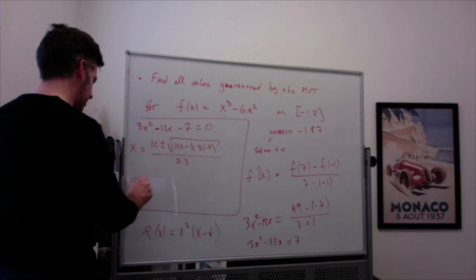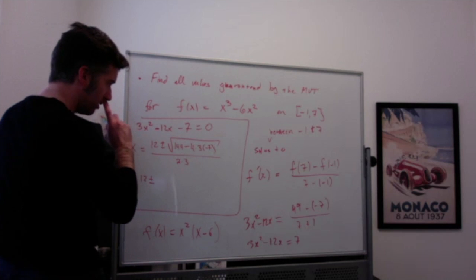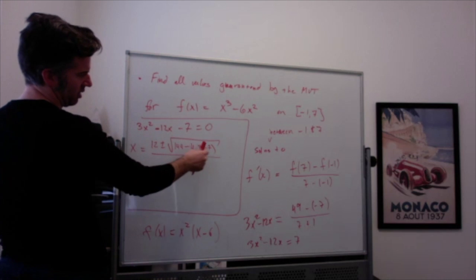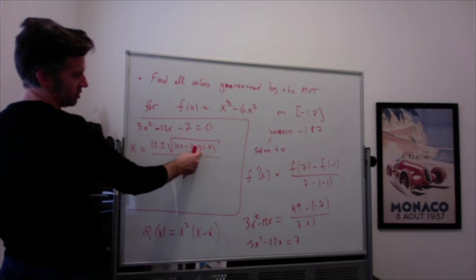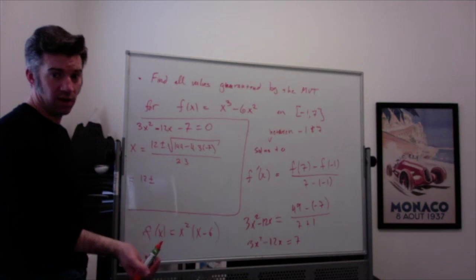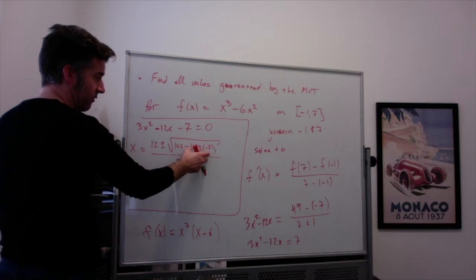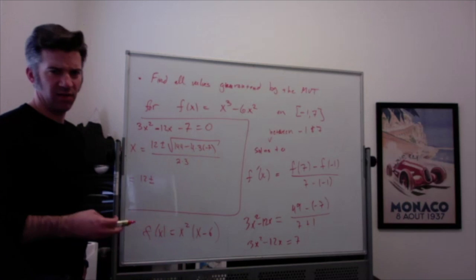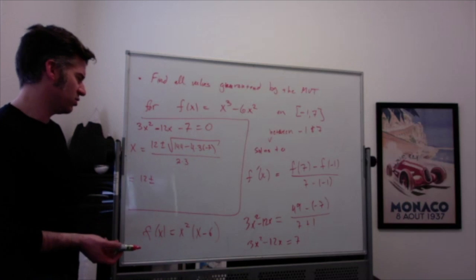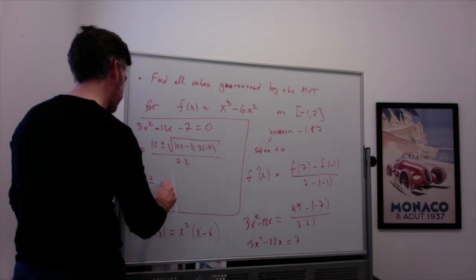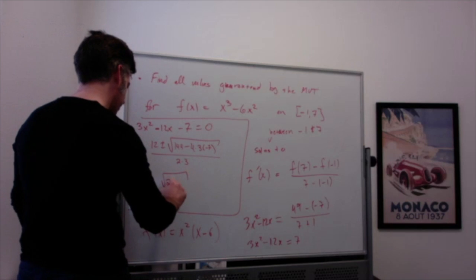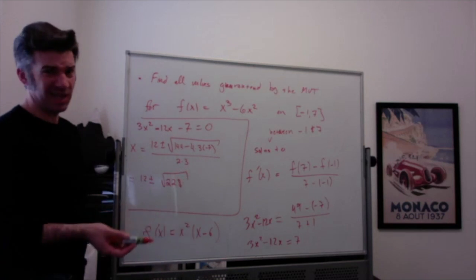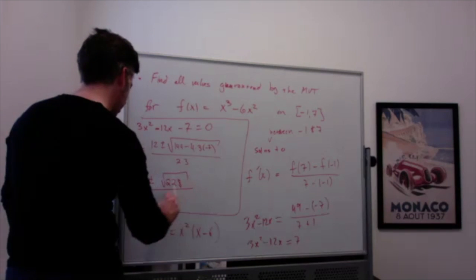So it's going to simplify to 12 plus or minus, let's see, 7 times 3 is 21, times 4 is 84, and it is a positive 84 because the negative comes to negative. So we've got 144 plus 84, which is 228, which is definitely not a square number, all over 6.